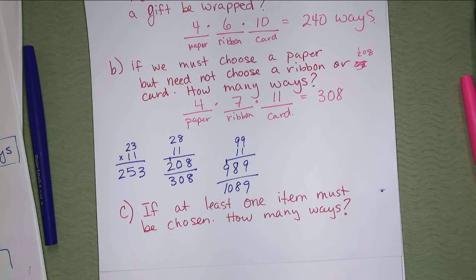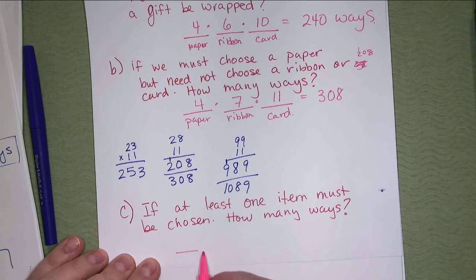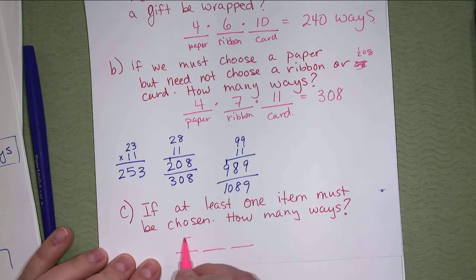The other one said we must choose a paper. Here it just says you have to choose one thing. You could just choose a card, or you could just choose a ribbon and not a paper. So I would start over. So paper instead of 4 would be 5. You could choose no paper.